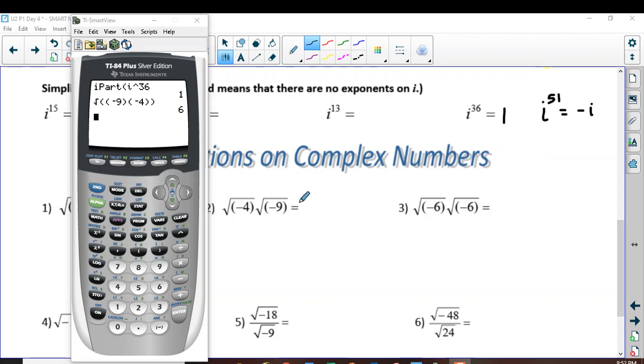All right, and then if I want to do this one, these are separated, so I'm going to do the square root of negative 4. Notice for the negative, you have to use this negative down here. You can't use the subtraction sign. So that's the square root of negative 4, and that's going to be times the square root of negative 9.